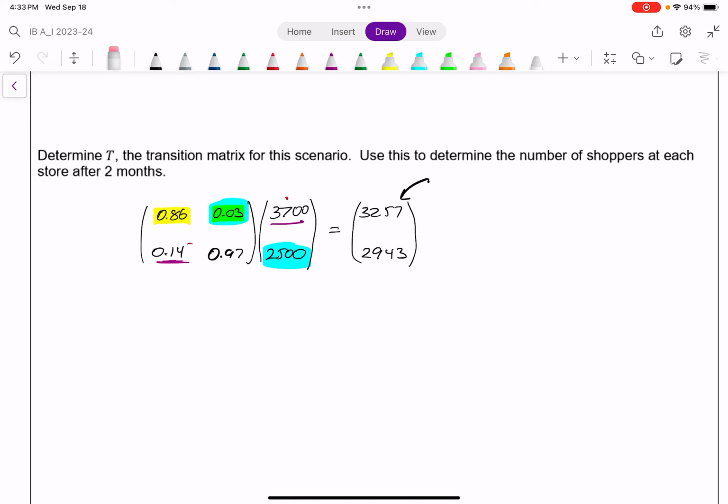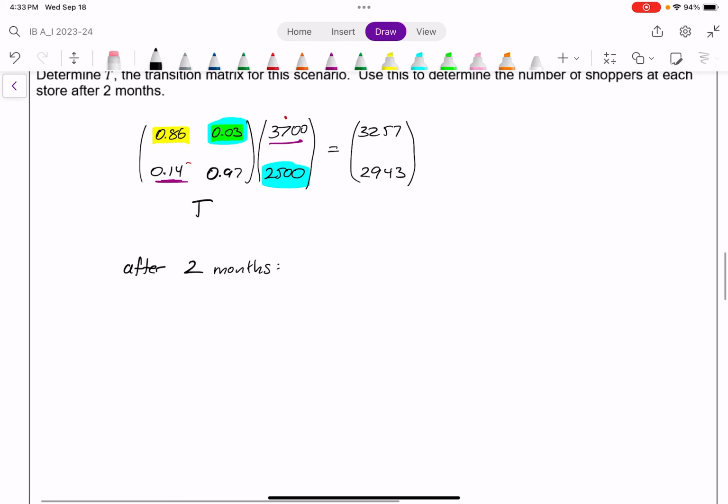And so a few ways of doing that. You can use your GDC as much or as little as you want. It's probably helpful here. So if I'm calling this matrix T, well then if I want to find after 2 months, I can just take T squared times 3,700 over 2,500.